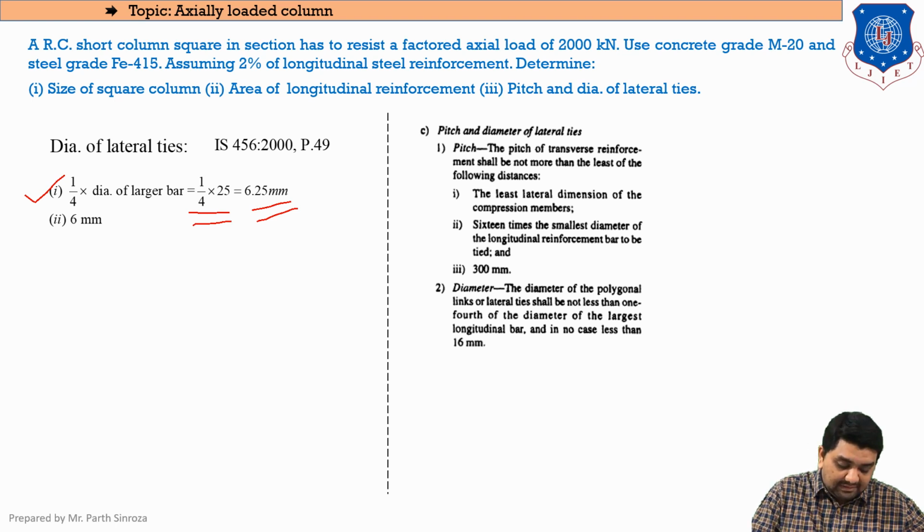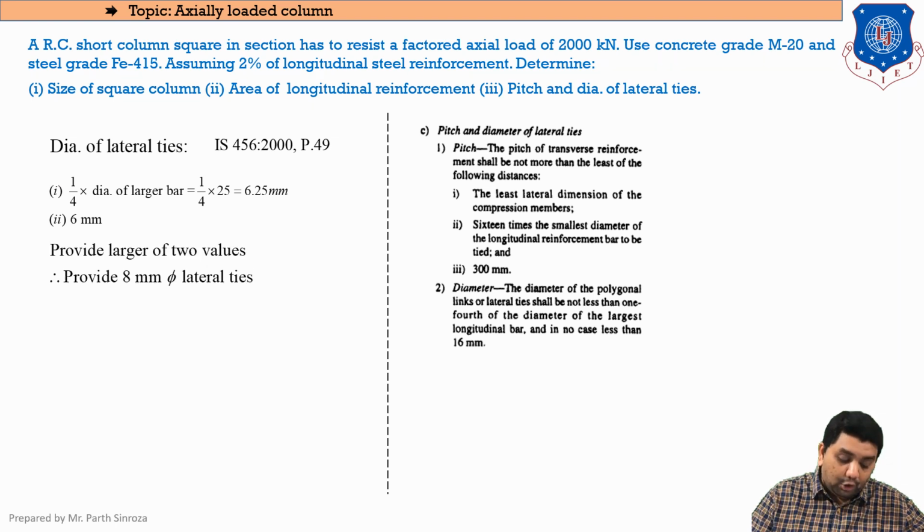The second case is 6 mm, and it is mentioned that it should not be less than. Clear? So we always need to provide the higher value of these two cases, that is, the first case is 1/4 of the maximum diameter that we have provided, and the second value is 6 mm, and after finding both values we always need to provide the maximum value that we get.